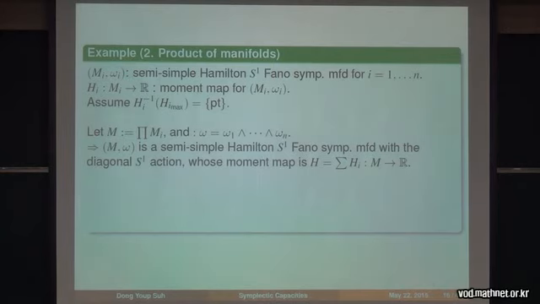So each factor satisfies the condition of our previous result, and then for the product of these manifolds, the Gromov width is nothing but the minimum of these capacities. The reason is that the moment map is the summation of the moment maps of each factor, and the H maximum and second maximum occur when this difference is the smallest.